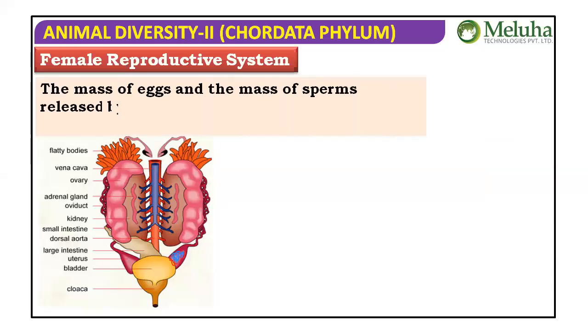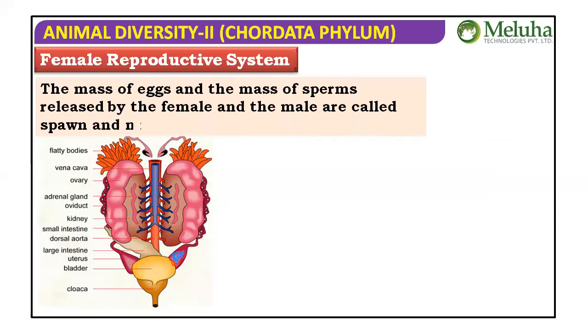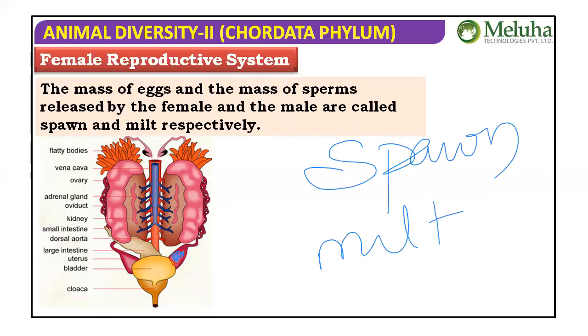The mass of eggs and the mass of sperms released by the female and the male are called spawn and milt. Do remember this. This is a regular question in most competitive examinations; they ask this a number of times.